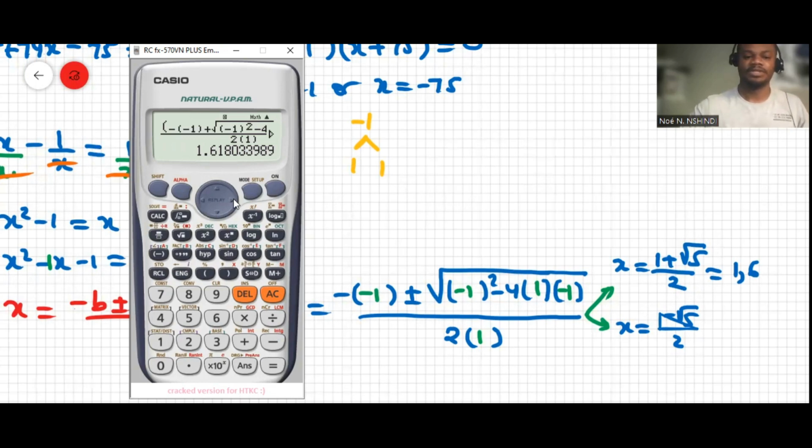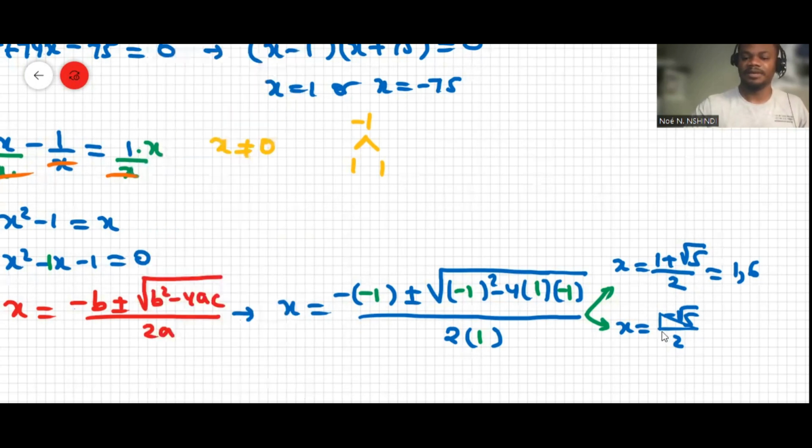And then with the negative, it's actually 1 minus √5 over 2, and that makes negative 0.6. Thank you.